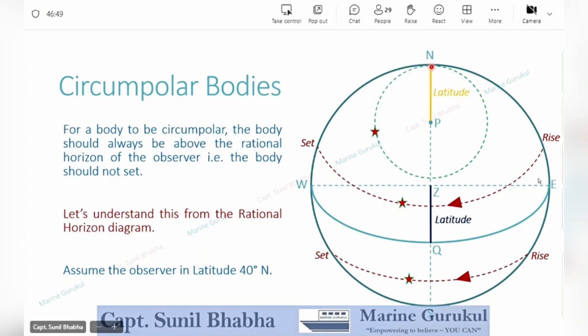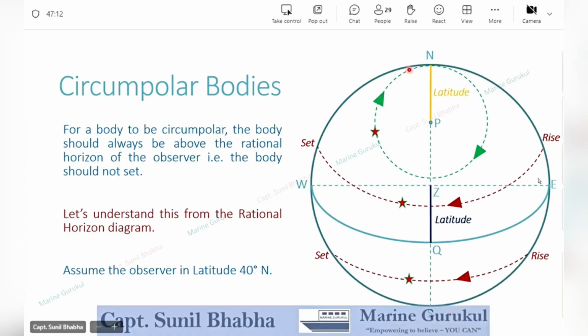Now in this case, the declination circle is going to be like this. All the declination circles are centered at the pole. So centered at the pole, polar distance equal to PX, pole and the body, if you draw a circle, that gives you the declination circle of this particular star.